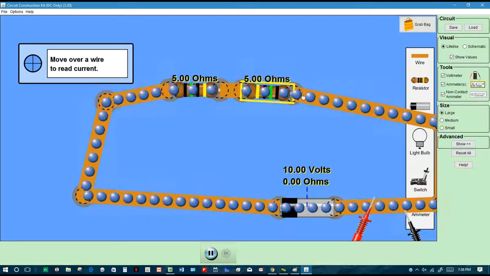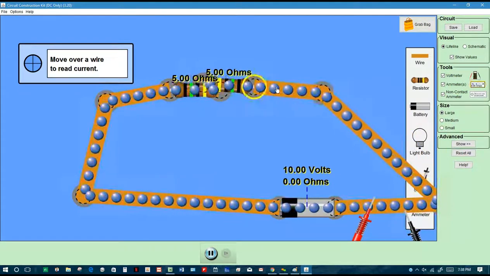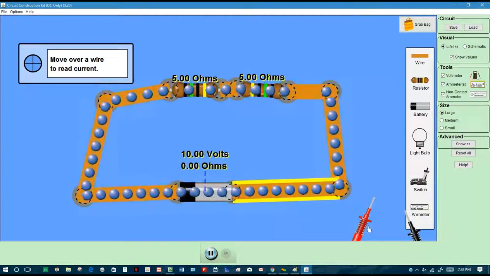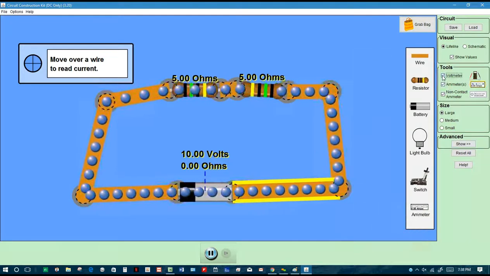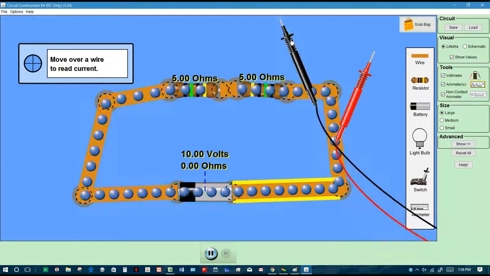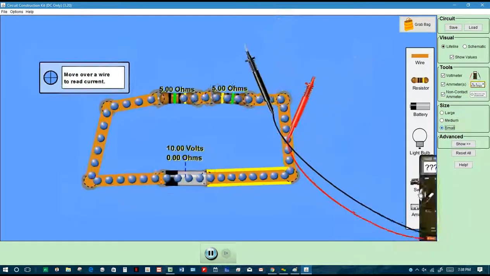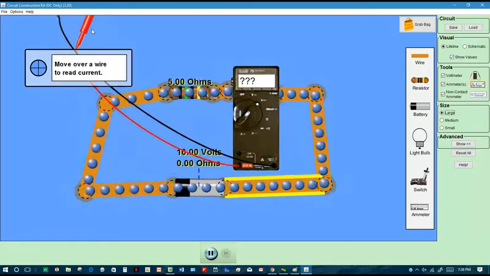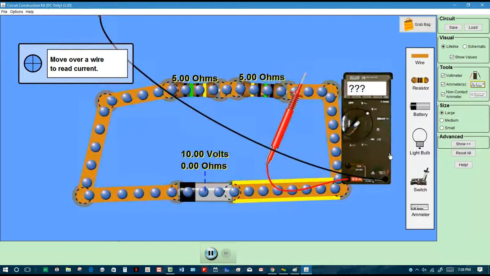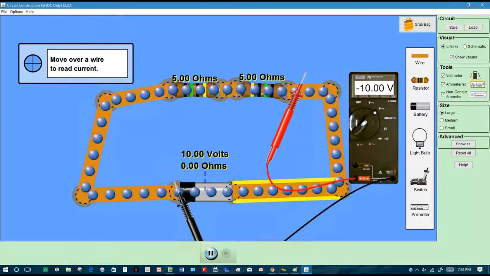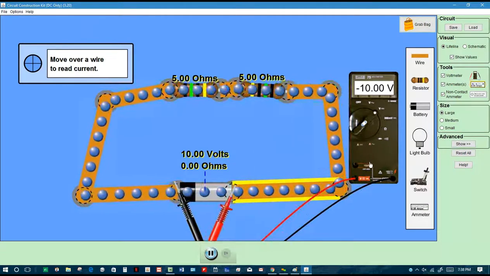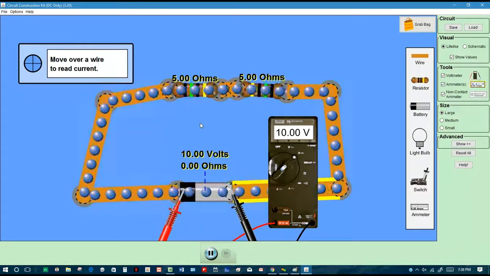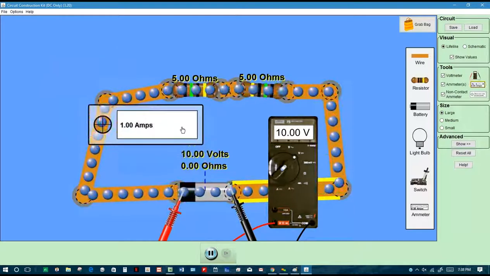I'm sorry if it was tiny. So can you see all that now?